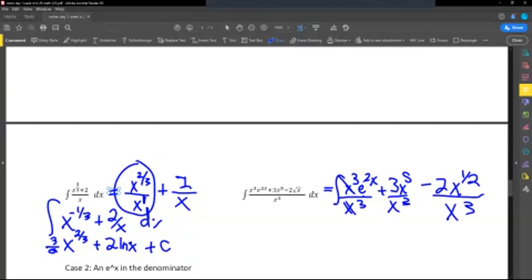So those cancel. So I have the integral of e to the 2x plus 3x squared, subtract the exponents. Okay, 1/2 minus 3 is going to be negative 2.5, or negative 5/2. I'm going to write it that way.